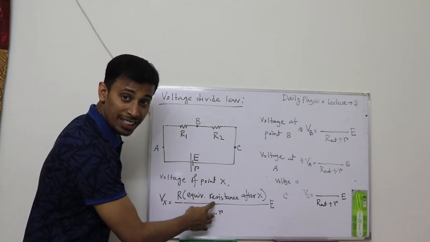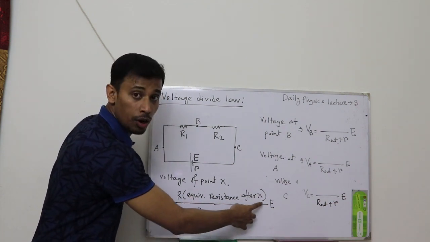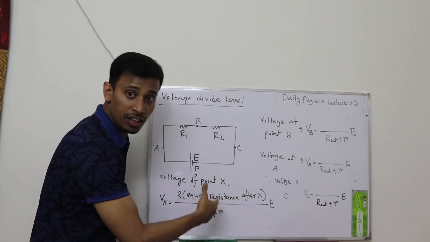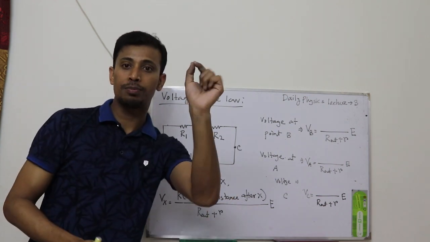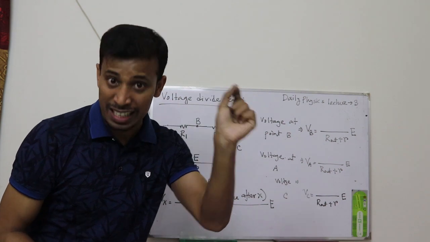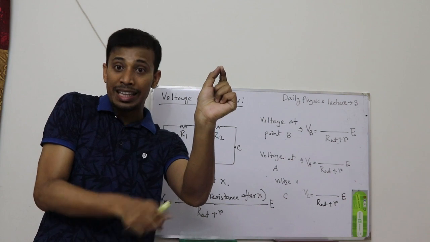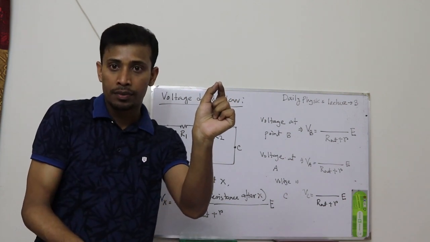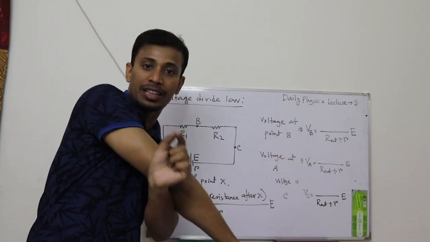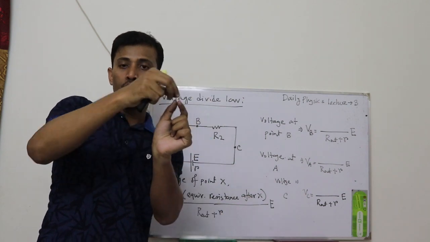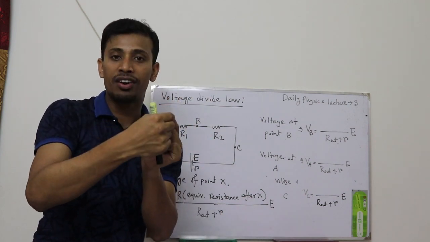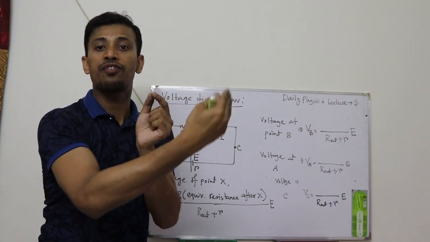Equivalent resistance after point X. So X must be somewhere in the series circuit, right? There will be some resistance before X, and some resistance after X. We will only take the equivalent resistance after point X.